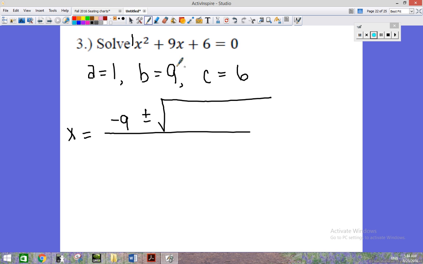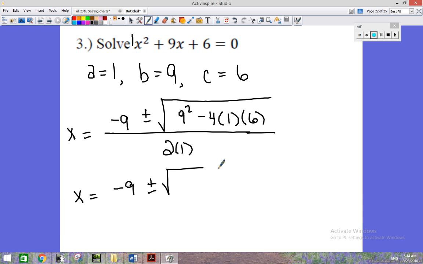It's B squared, so 9 squared minus 4 times A, which is 1, times C, which is 6, all divided by 2 times 1.